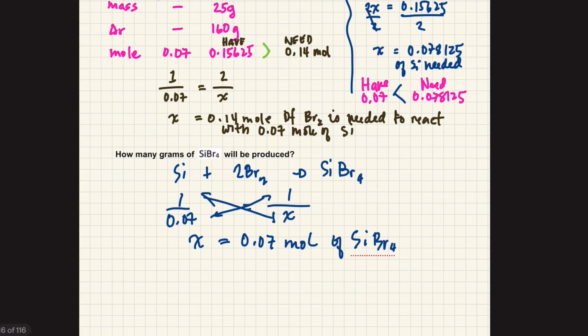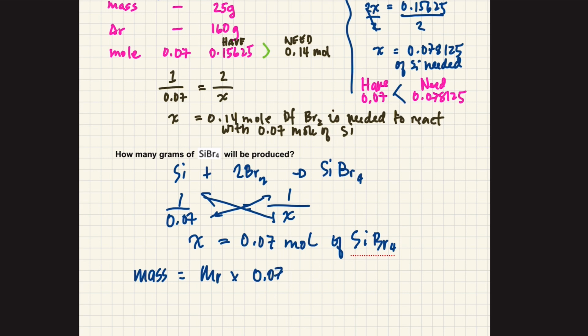So how will we move this into grams? To find the mass, we need to multiply the molecular mass of silicon tetrabromide by the number of moles, which is 0.07.